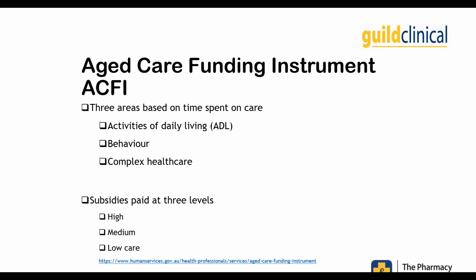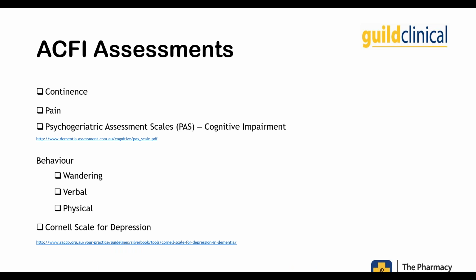And you probably are aware that low care residents are not too many around. So the other assessments that are done in ACFI are continence, pain, and the Psychogeriatric Assessment Scale, or PAS, which tests cognitive impairment. Behaviour can be wandering, it can be verbal or physical, and they also do a Cornell scale for depression.